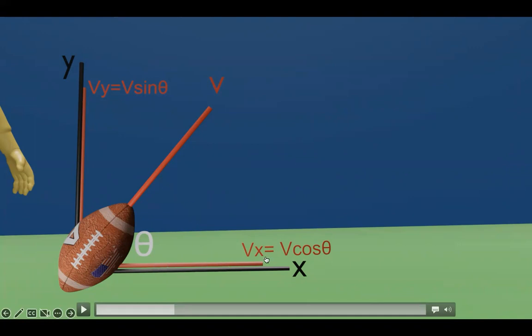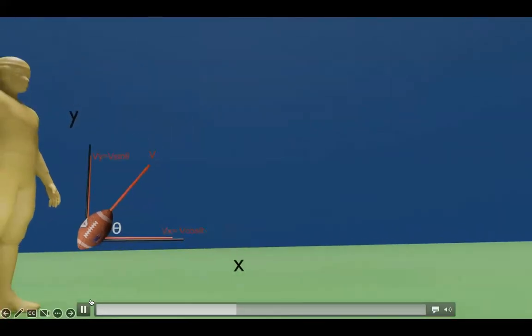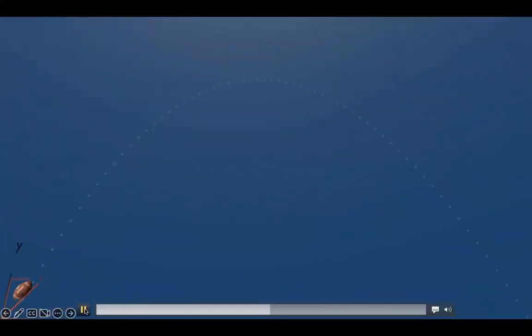Here we have v times cosine theta along the x direction, the initial x velocity component, and the initial y velocity component is v sine theta. And this object will start moving. Here we go, it's going to do the projectile motion.